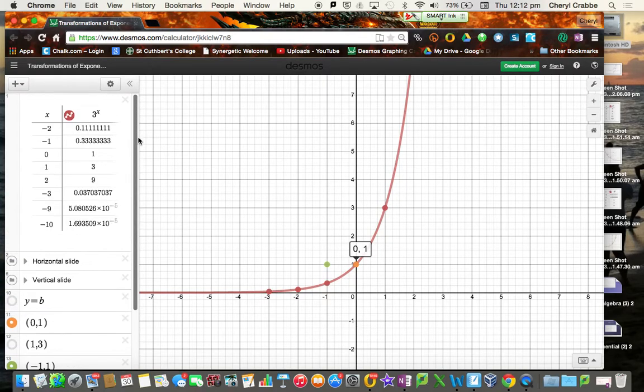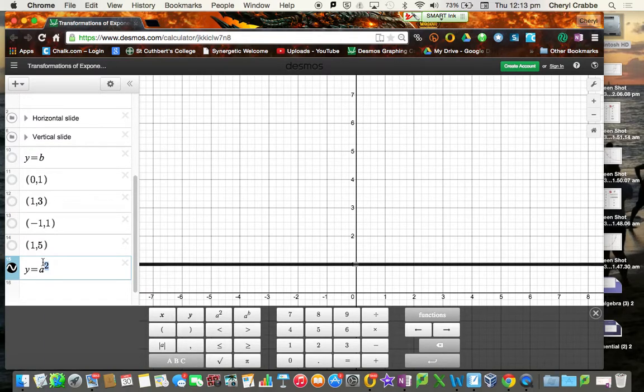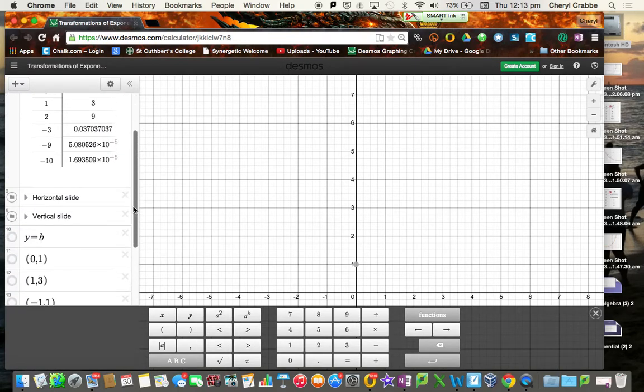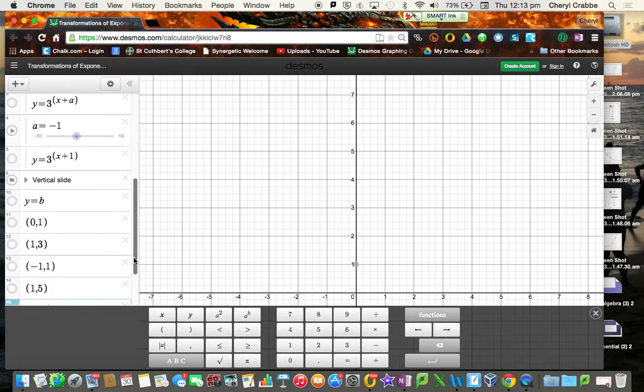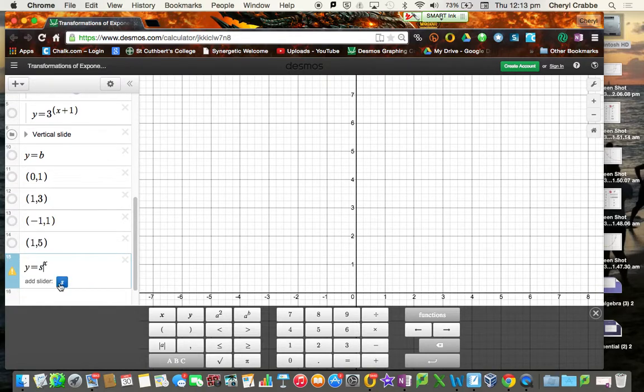Now, something else you'll need to be aware of. Let me get rid of those for the time being. Let's just make y equals, and we'll use a slider, s to the exponent x. Let's make it s, I don't care.